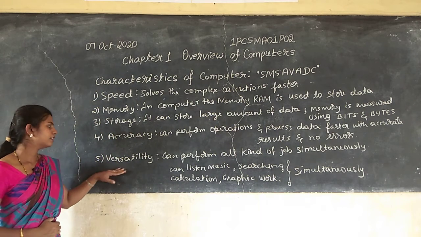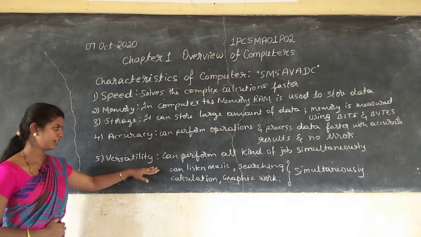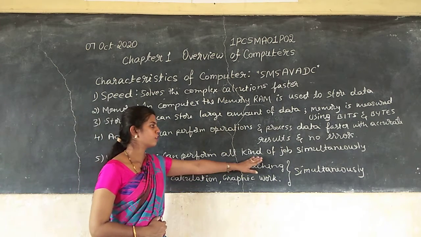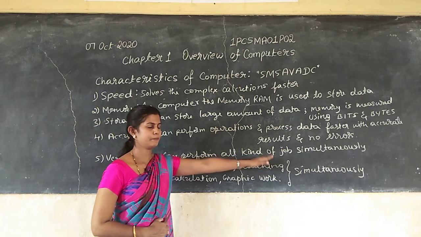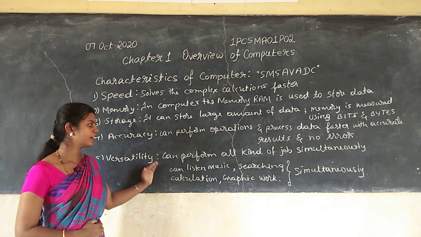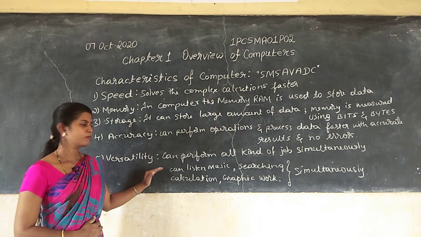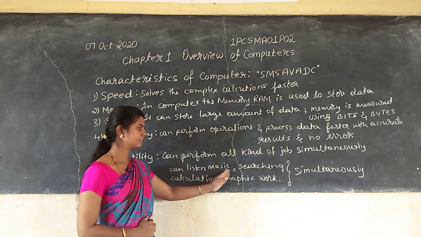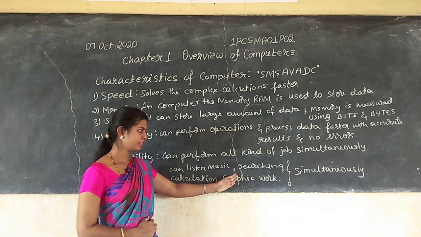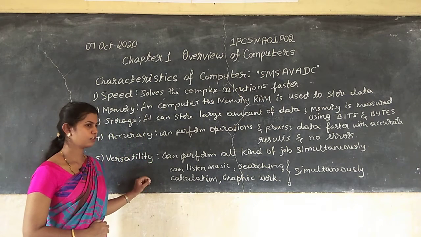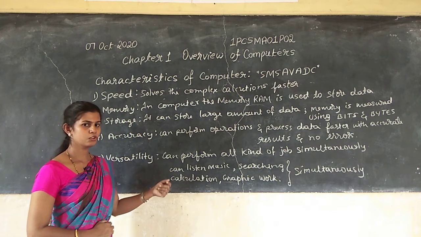Another characteristic is versatility. Computer can perform all kinds of jobs simultaneously. At a time it can perform many kinds of jobs. For example, at a time we can listen to music, along with that we can search anything in the computer using Google.